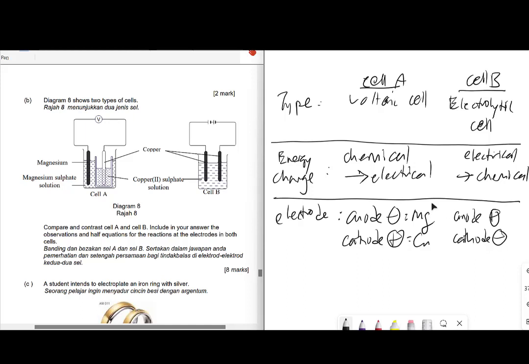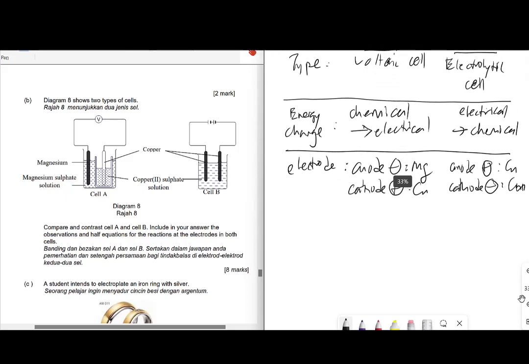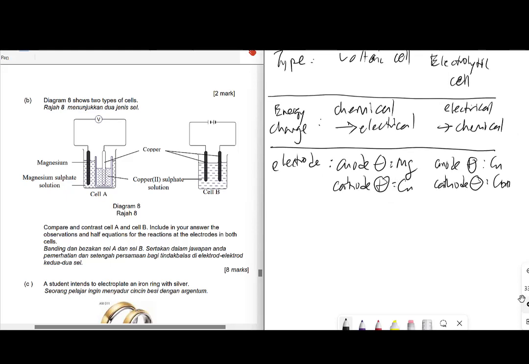So it's opposite, depending on the type of cell you investigate. Anode is negative in a voltage cell, but the anode is positive in an electrolytic cell. Both are the same, so we have copper, copper, Cu. Go up here, put it smaller. So this one is Cu.